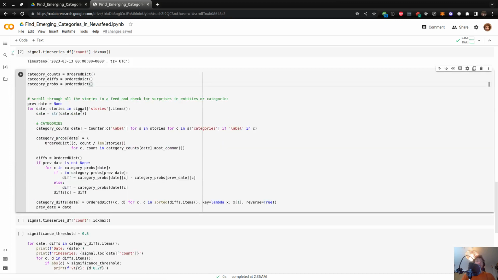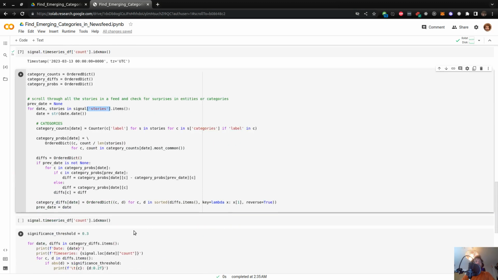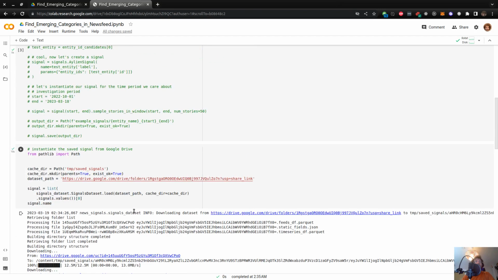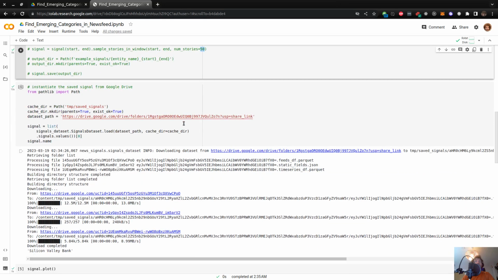Now I'm just going to scan through the signal, scan over all the stories. We have a sample of stories for every day in that signal. So for every day from October 1st until March 18th, there's a sample of, I believe, 25 stories in there. That's what this method did. Oh, so there's a sample of up to 50 stories for every day.